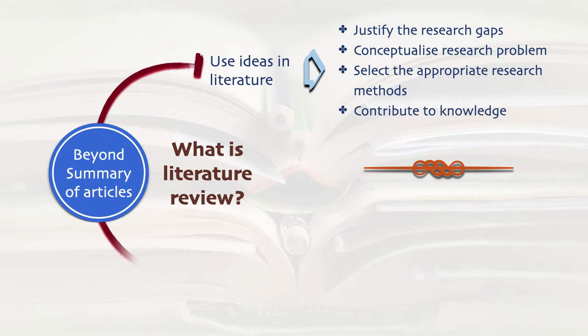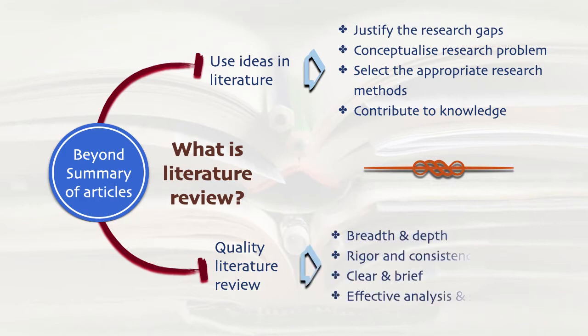To produce a quality literature review, the researcher must be able to capture the following: appropriate breadth and depth, rigor and consistency, clarity and brevity, and an effective analysis and synthesis of the literature. In doing the review, the flow cannot be detached from what has been written earlier.